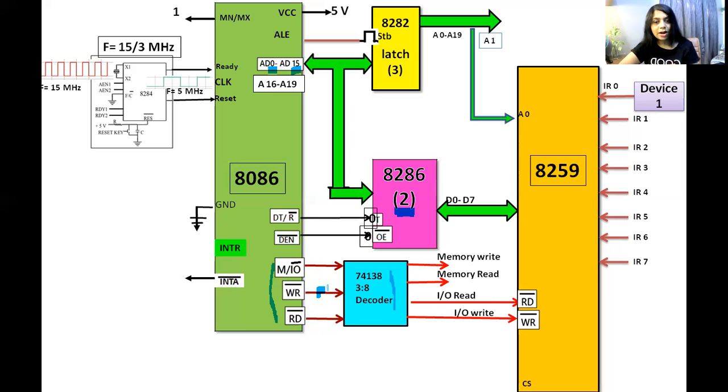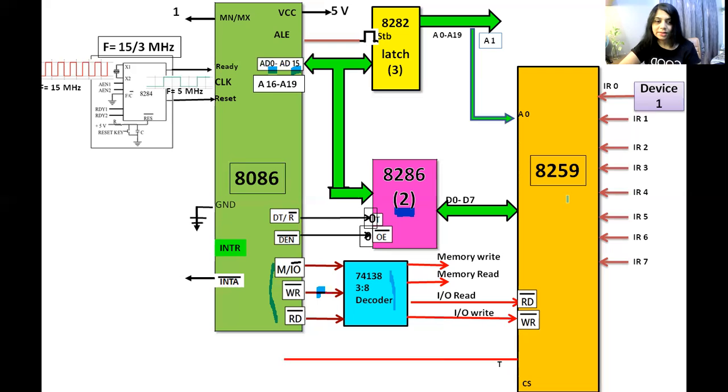Remember that at a time either write bar will be 0 or read bar will be 0. Both cannot be 0 at a time. Since 8259 is not a memory but an input output device, the memory write and memory read are not connected. The input output read of this decoder is connected to read bar of 8259, and IO write is connected to write bar of 8259.